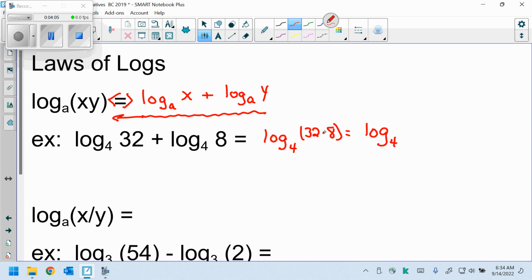Let's see, that's 256. And is this a nice number or not? 4 to the what is 256. Well, 4 squared is 16. 4 to the third is 64. 4 to the fourth is 256. So that comes out real nice.